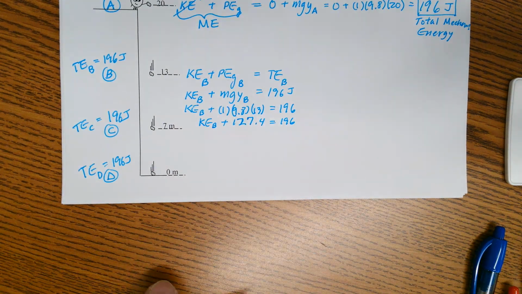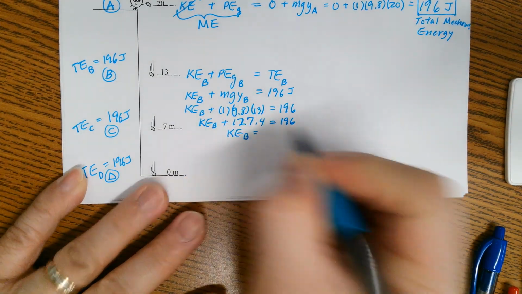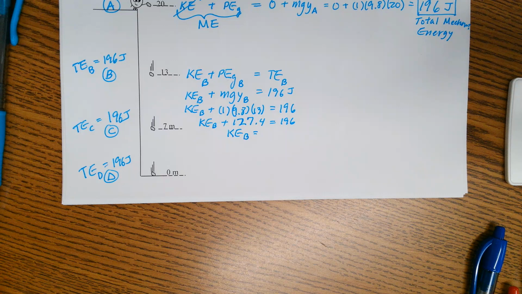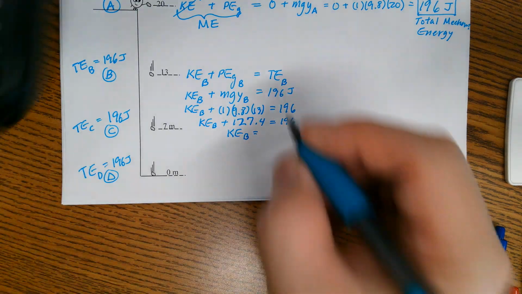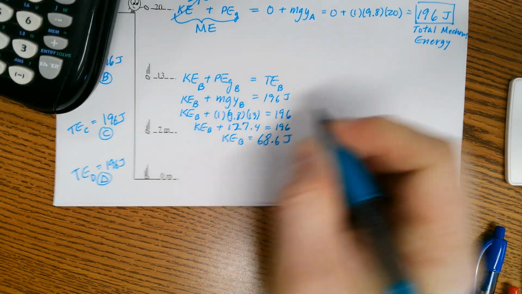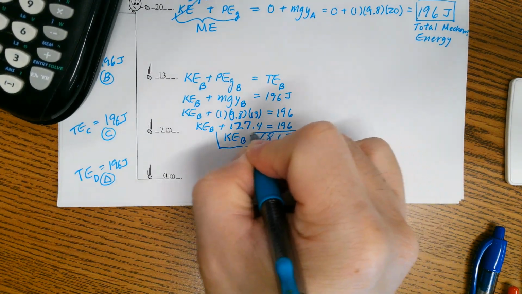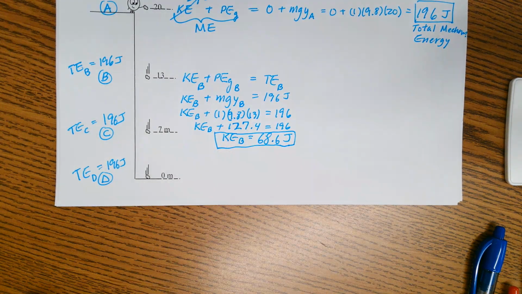Therefore, my kinetic energy at point B is equal to 196 minus that potential energy, and I get 68.6 joules. That's how much kinetic energy I have at point B.